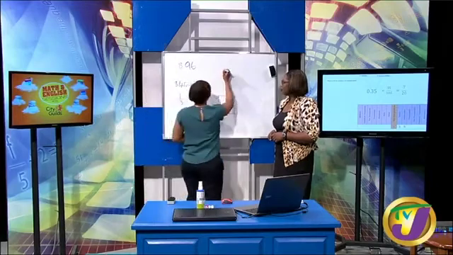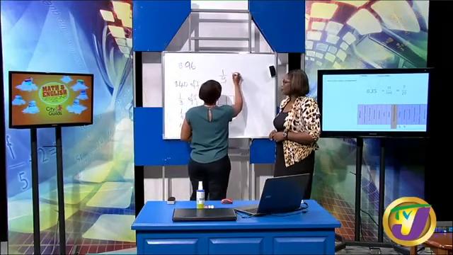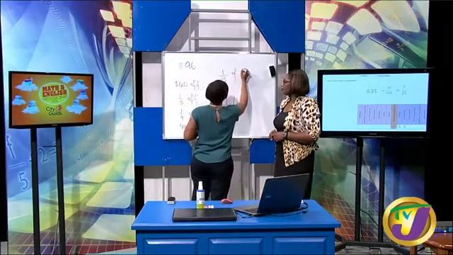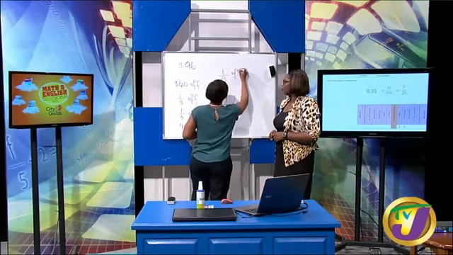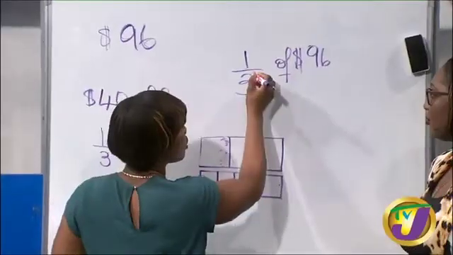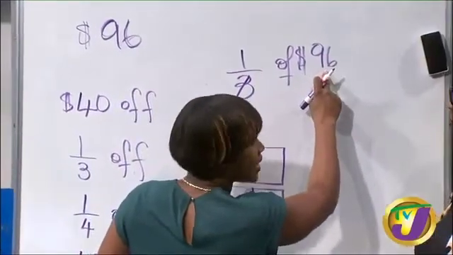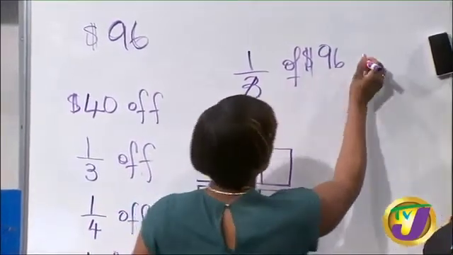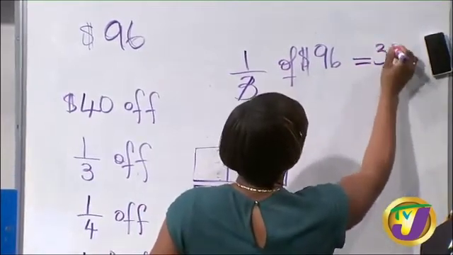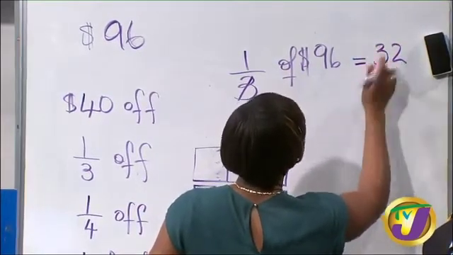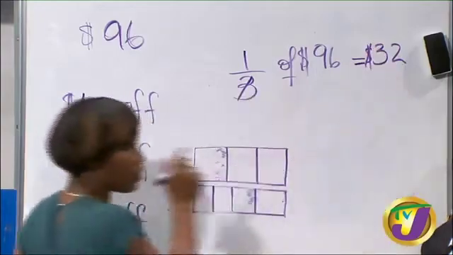I could also go 1/3 off the amount of money that the item costs. If I were to divide 96 into 3 equal parts, I would get 32. So my discount would be $32.